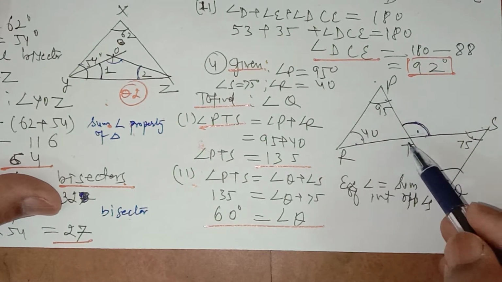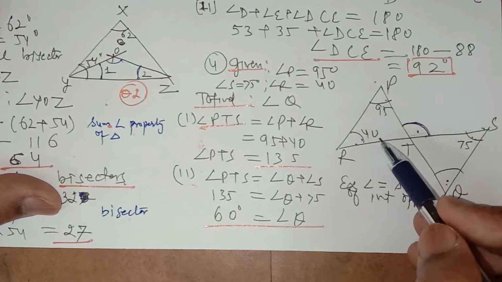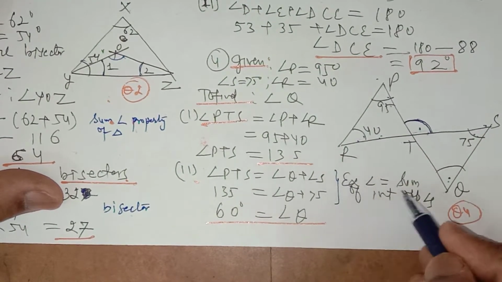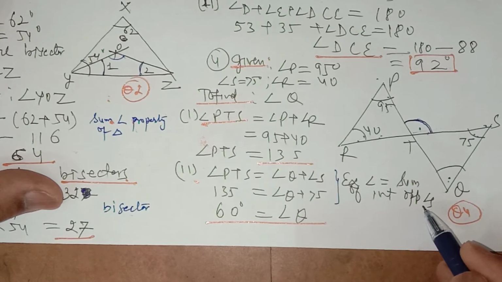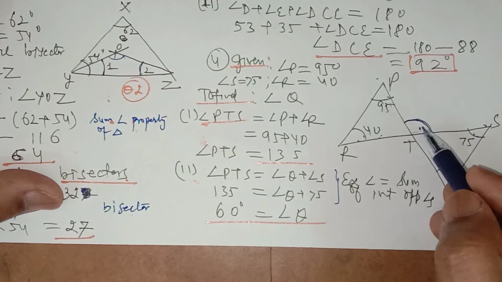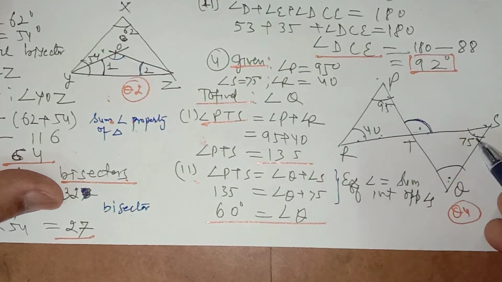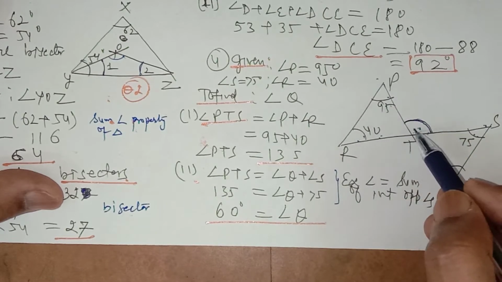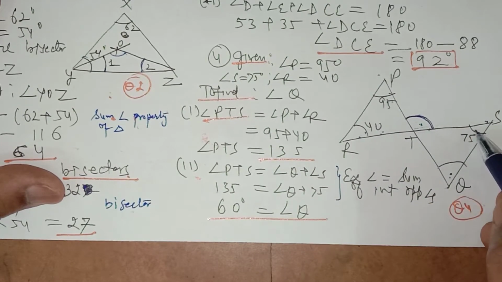So this angle PTS will be equal to 95 plus 40. Reason: exterior angle is equal to the sum of interior opposite angles. So first of all, find this angle from this triangle, and then write that this angle is equal to the sum of these two.